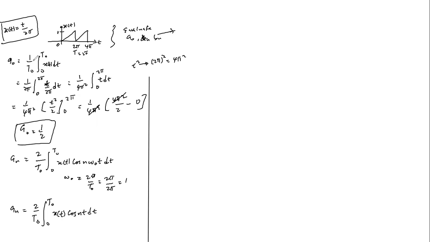So for s of t equal to t over 2 pi, An is equal to 2 over 2 pi integral 0 to 2 pi of t over 2 pi cos nt dt. So 2 truncates 2, so that will be 1 over 2 pi squared integral 0 to 2 pi of t cos nt dt.